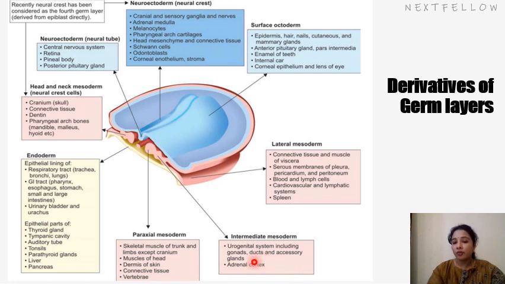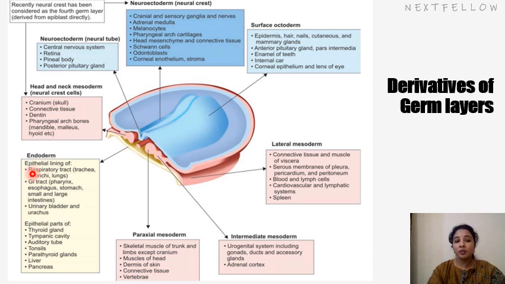Intermediate mesoderm will form the urogenital system including gonads, ducts, accessory glands and adrenal glands. Lateral plate mesoderm forms the connective tissue and muscle of the viscera, serous membranes of pleura, pericardium, peritoneum, and the blood and lymph cells, cardiovascular and lymphatic systems, and also the spleen. These are all derived from lateral plate mesoderm.